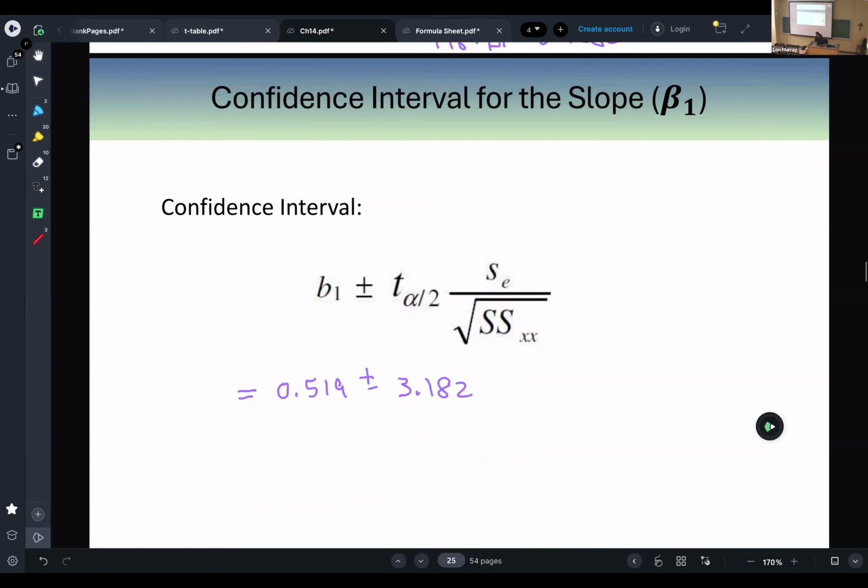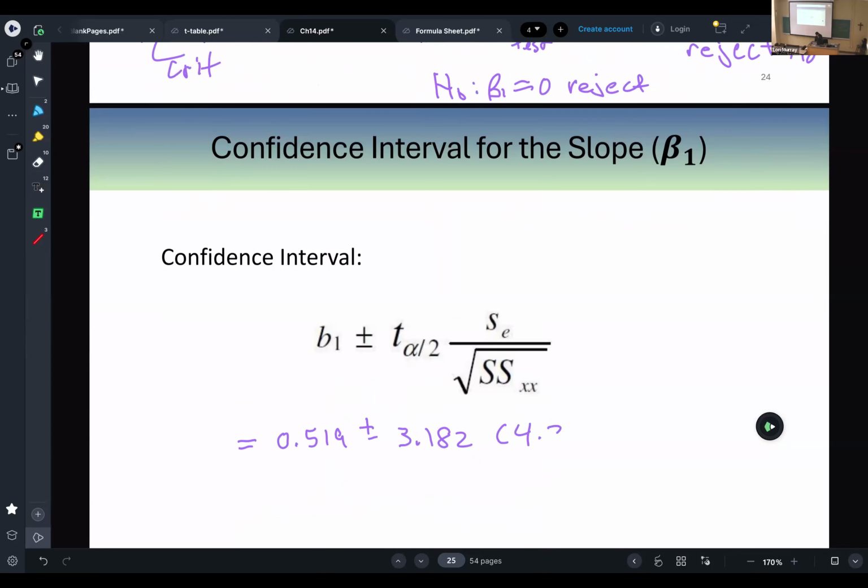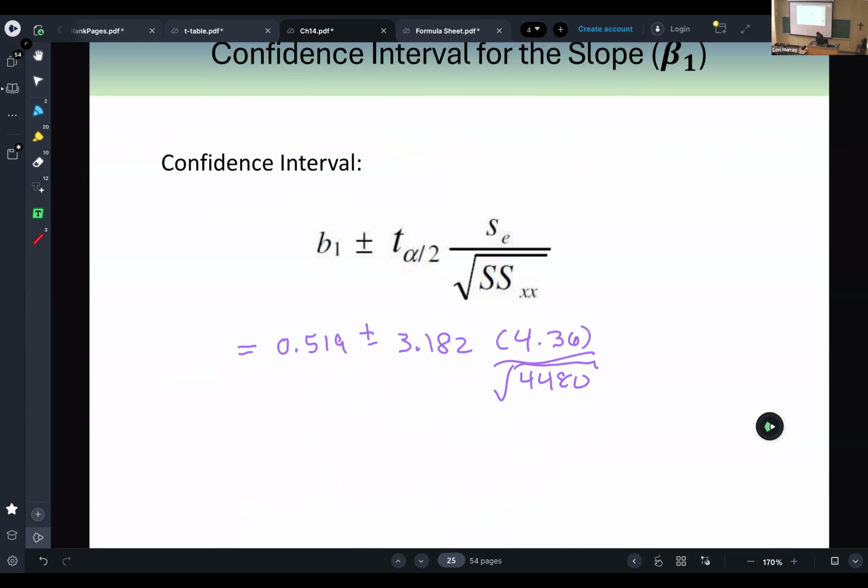So let's calculate it. 0.519 subtract 3.182 times 4.36 divided by the square root of 4480.